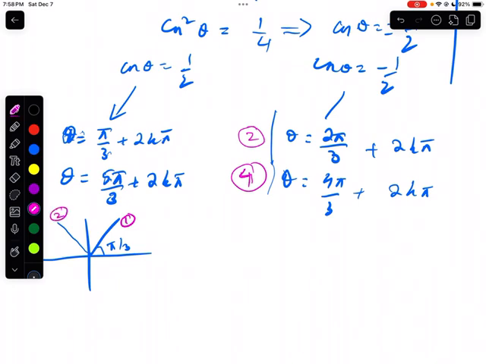Then 4 pi over 3, which is the fourth equation, will be actually right there. So this is the fourth equation. And then 5 pi over 3 will be over here, like an extension of this line.